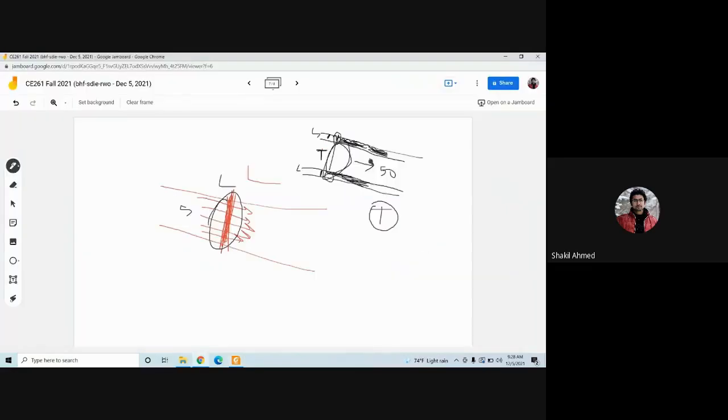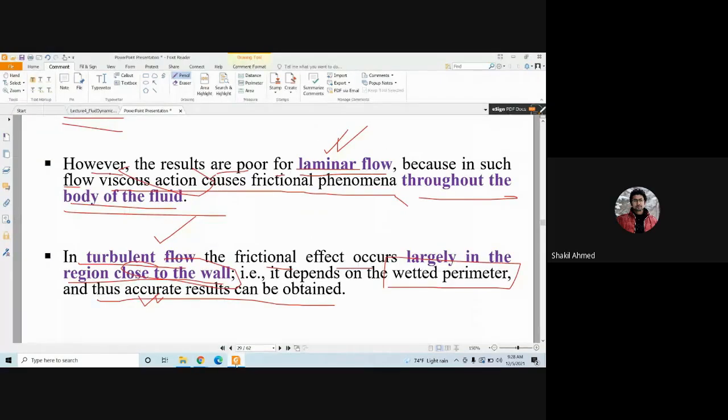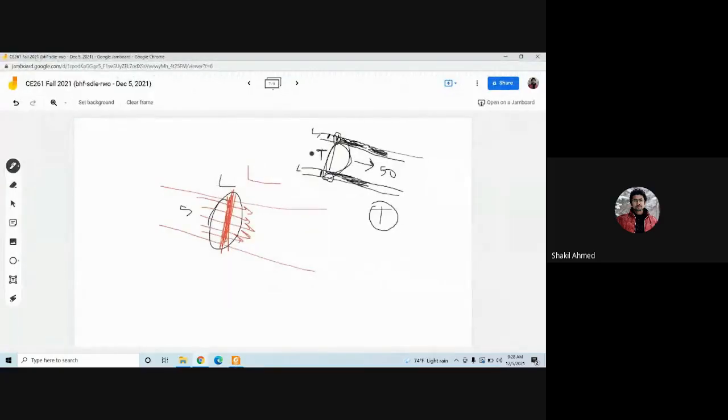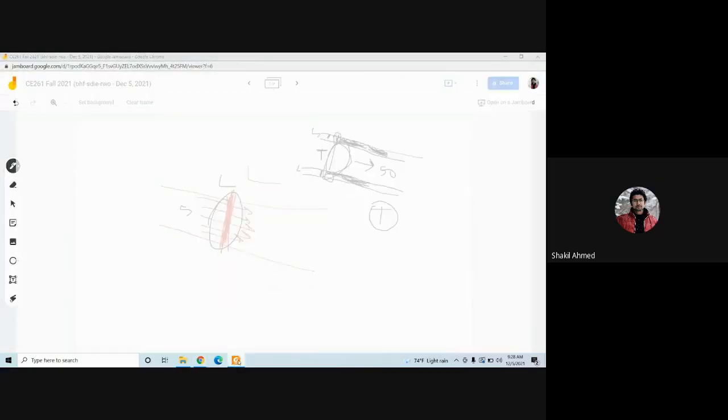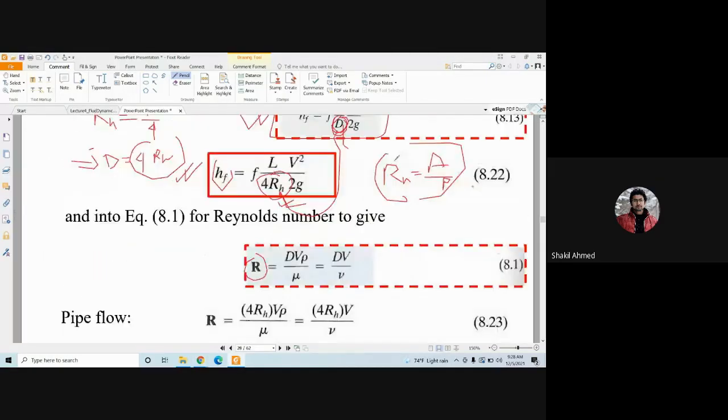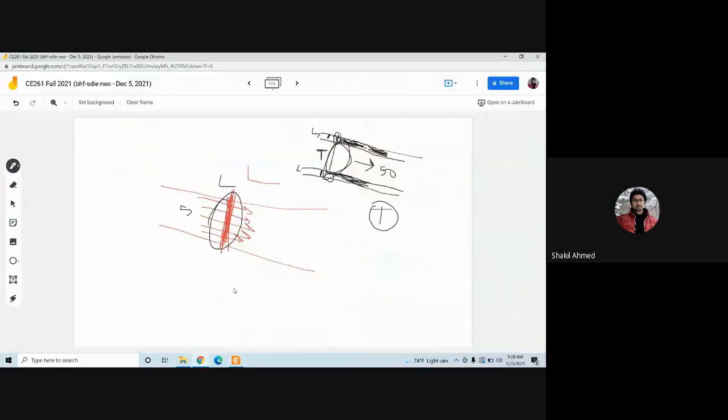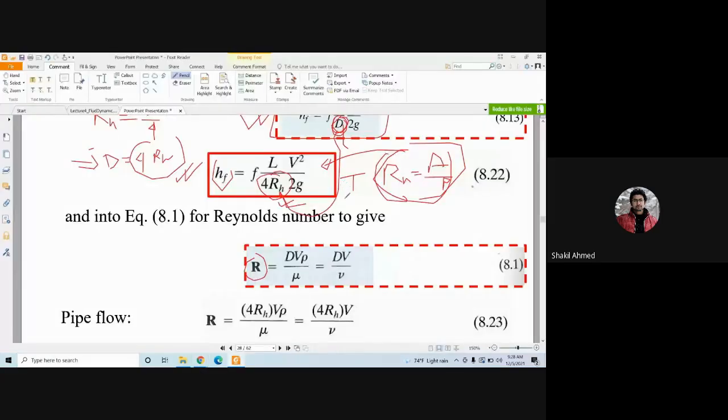So here, this depends on the wetted perimeter, because this is near the wall of the pipe. That's why this kind of conversion works well in case of turbulent flow. But in laminar flow, this acts throughout the body, so it is not directly dependent on the perimeter. So it doesn't work well in laminar flow. Did I make it clear?